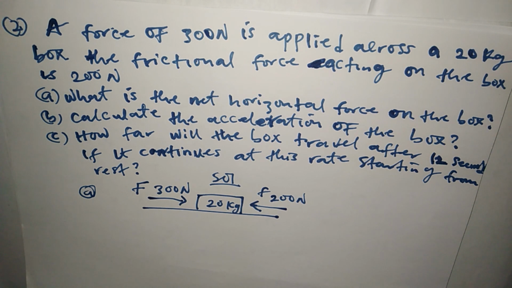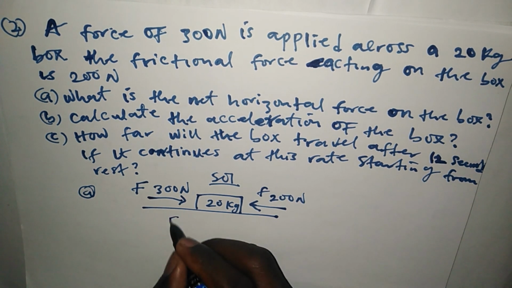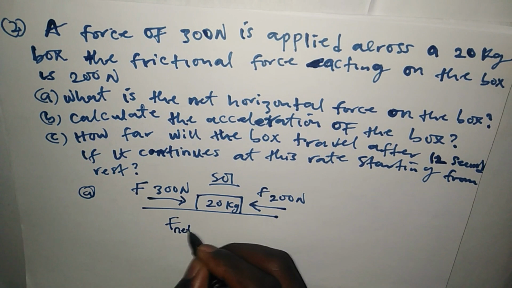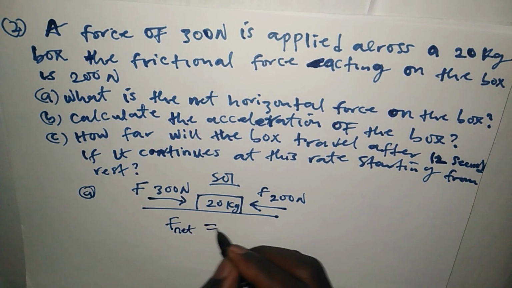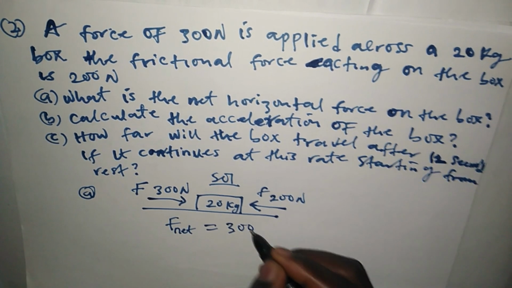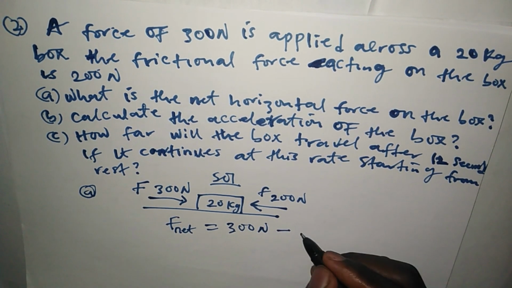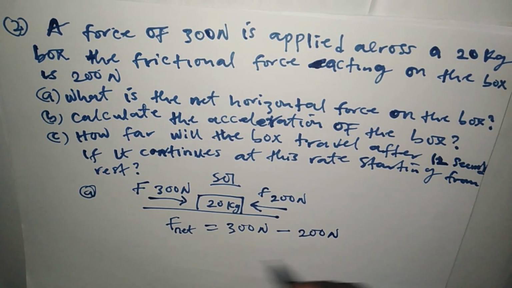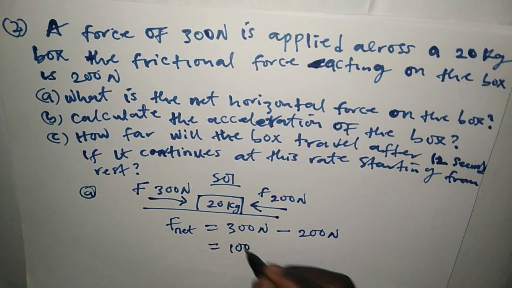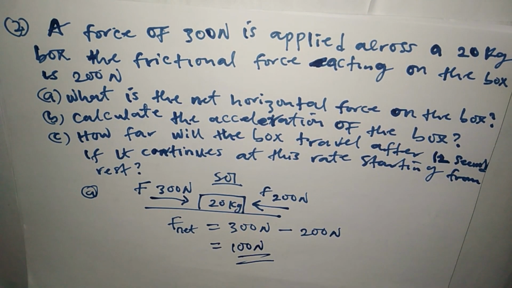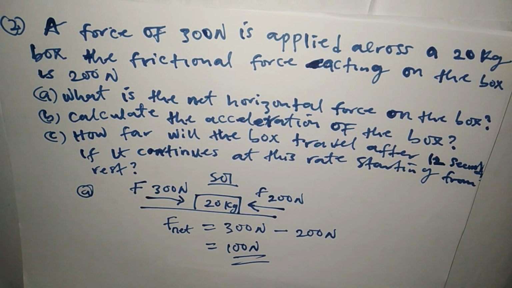The horizontal force will be the net force, which is 300 Newton minus 200 Newton, which is 100 Newton. This is the horizontal force. Hope you've taken down the question. So let's go to B.